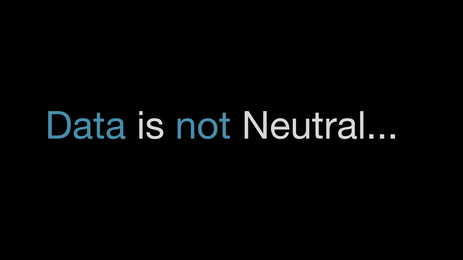Data itself is not neutral. From a computer's perspective, it really is just zeros and ones strung together. But as human beings, data is processed in a certain way, and that processing is not neutral.